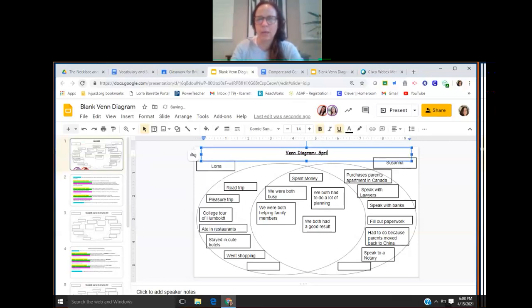Spring break. Okay. So for my spring break, I took a road trip. A road trip means we get in our car and we drive and stop many places along the way to our destination. So my destination was Humboldt State University because my middle daughter is going to go to college there.